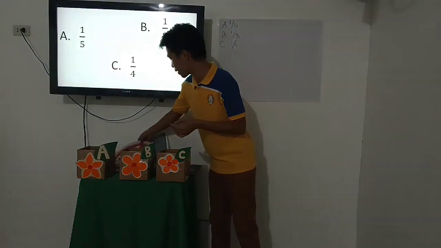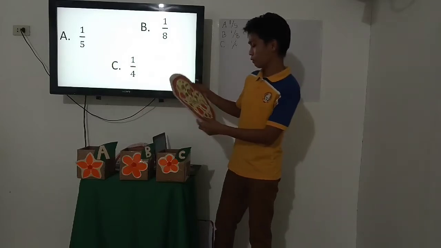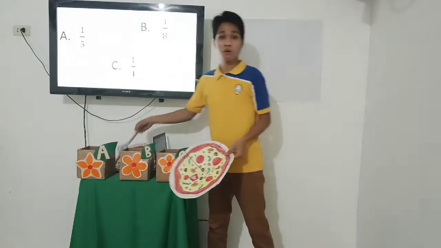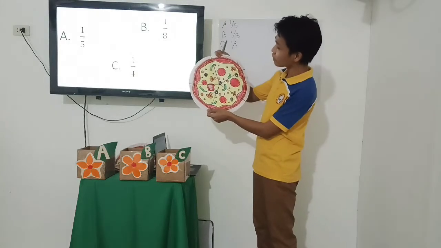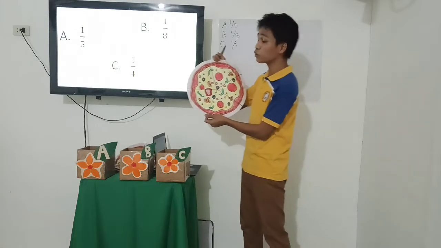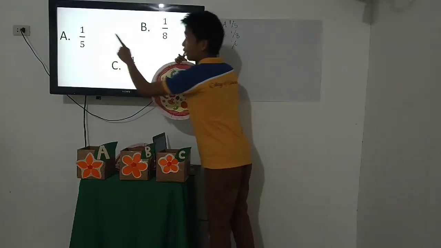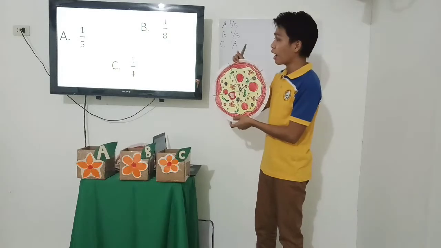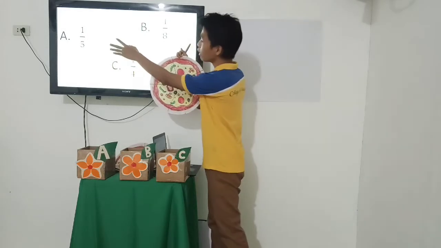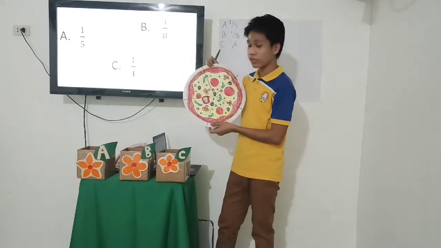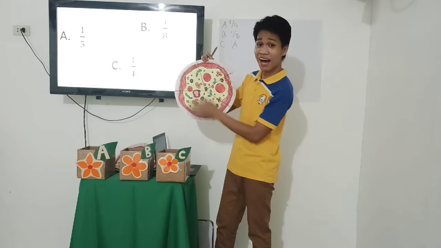I have here some pizza and we will try to compare so that we can see who ate the biggest piece. We have a pizza that is sliced into 5 pieces because we have 1/5. Let us try to see how 1/5 looks like. Okay, 1/5 meaning we will cut the pizza into 5 pieces. 1, 2, 3, 4, 5.